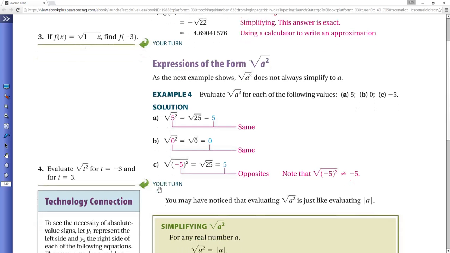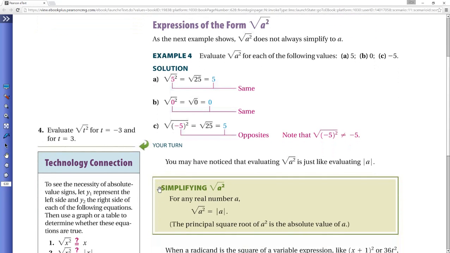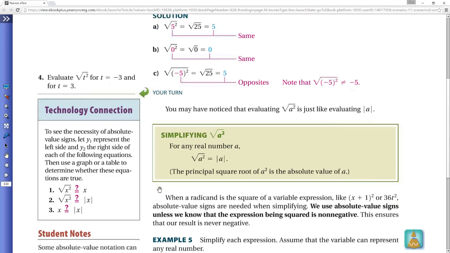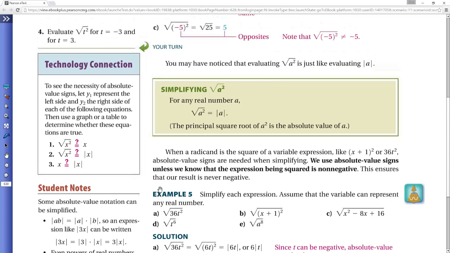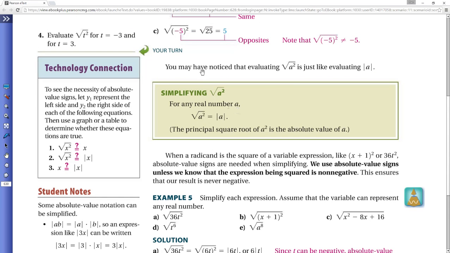Okay. So simplifying, they're going to give us this rule that works for all values that could be in these radical symbols, or square roots in this case. So they're saying the square root of a squared is equal to the absolute value of a. Notice we had a negative and a positive 5 they put in.